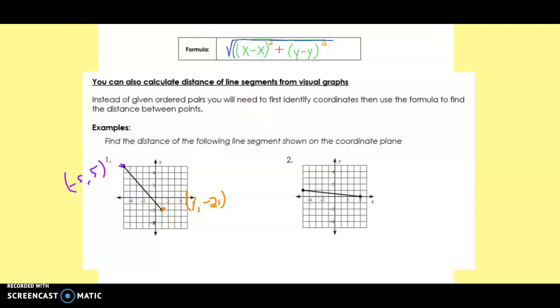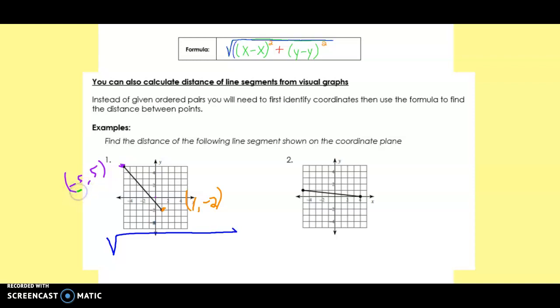So once you have those coordinates, the procedure is exactly the same. So we're going to get out our square root sign. And again, I'm looking for you guys to use the formula as far as a setup, and then you can still use that online calculator for your calculations of the actual answer. So the first thing I'm going to do is I'm going to subtract my x values.